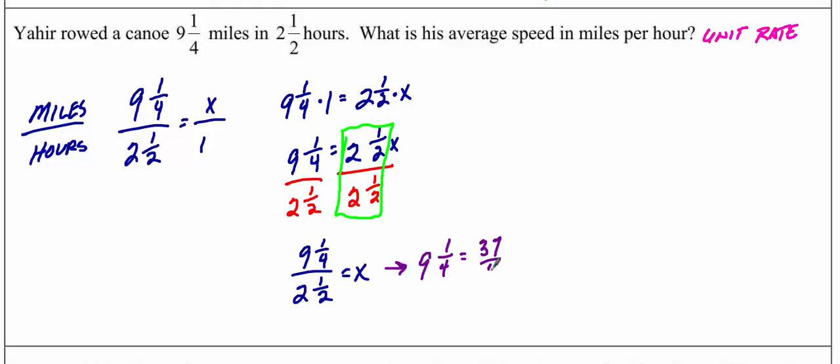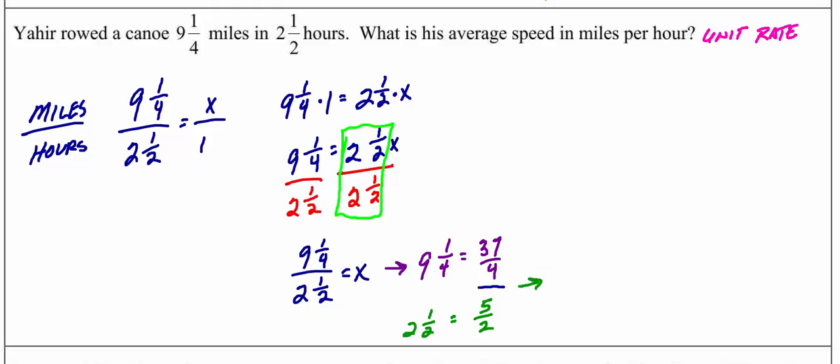So we have 37/4 there. Still got division happening. Let's take the 2.5. That is equal to 2 times 2 is 4, and 1 is 5 halves. So now we have 37/4 divided by 5/2.